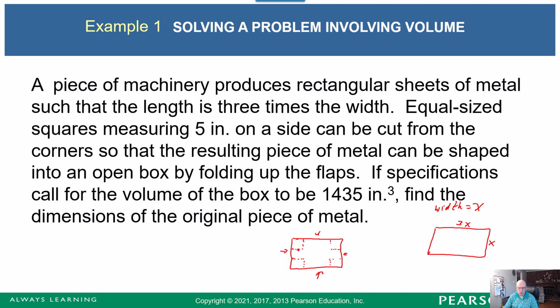And the box, once we cut these out and fold these up, and excuse my drawing, might look something like this. Okay, something like that. Now go back here and take a look at this.